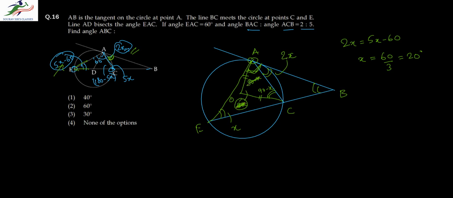Let's forget all this now. So this is 2x and this is given as 5x. So angle ABC would be 180 minus 7x, and we have found the value of x to be 20. So 7x is 140. So 180 minus 7x is 180 minus 140, which is 40 degree. And the first option is the right option.